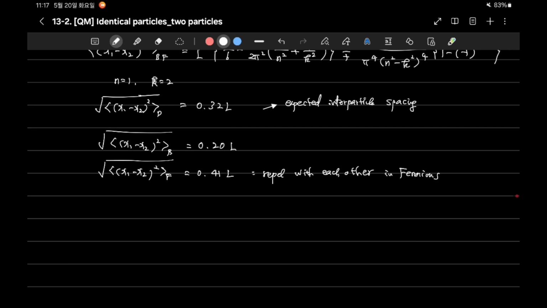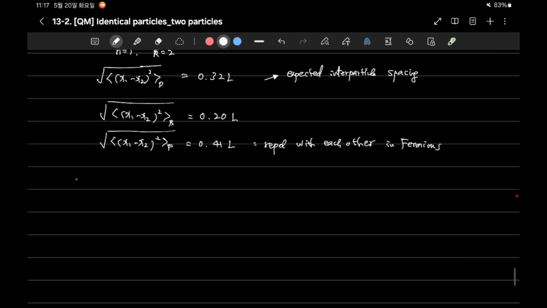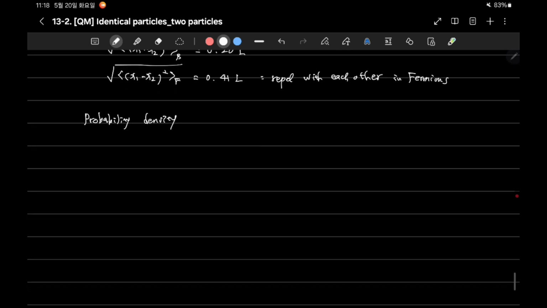So by calculating the probability density, the probability density for distinguishable particles, x1 and x2, is phi 1 x and phi 2 x, squared.